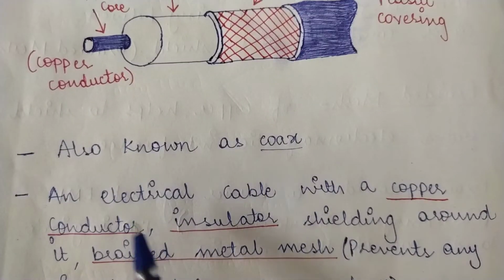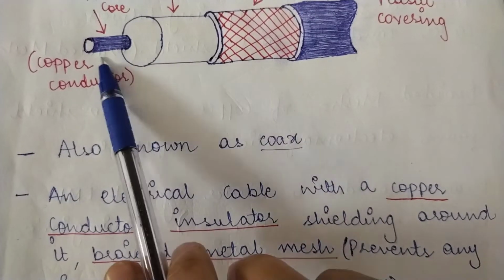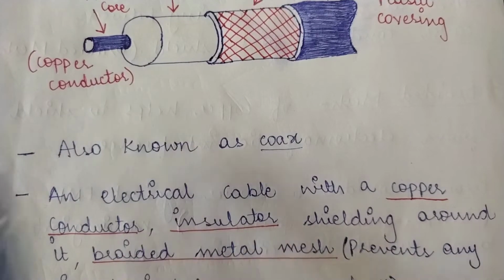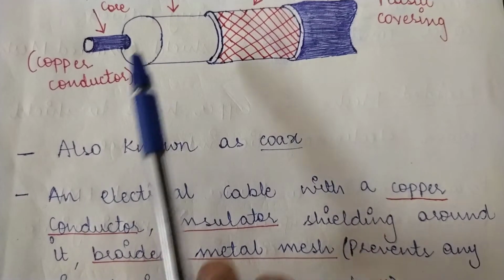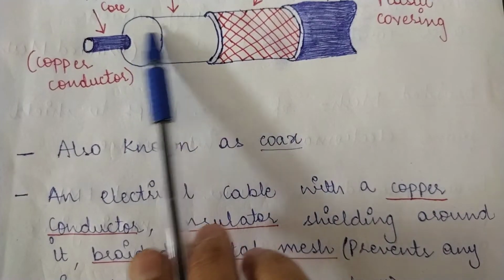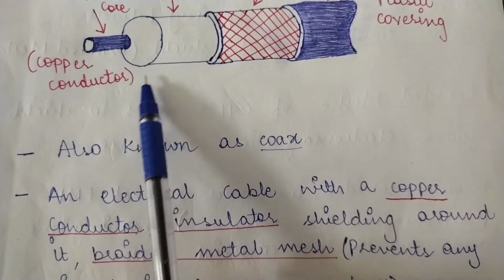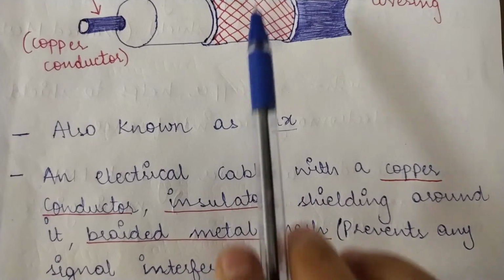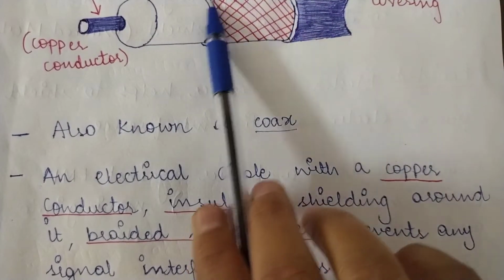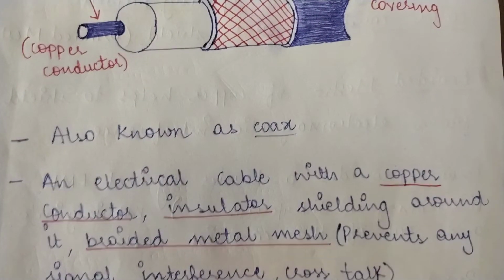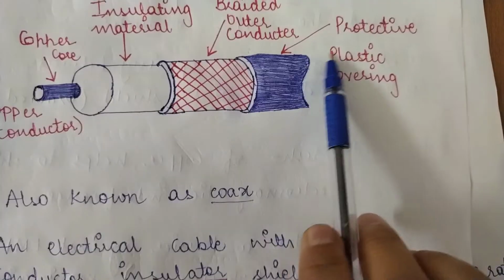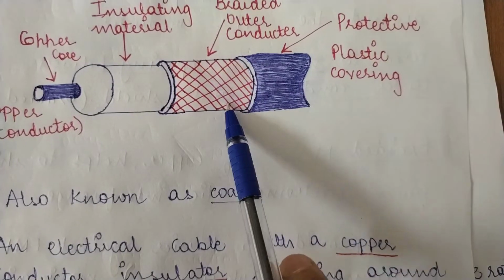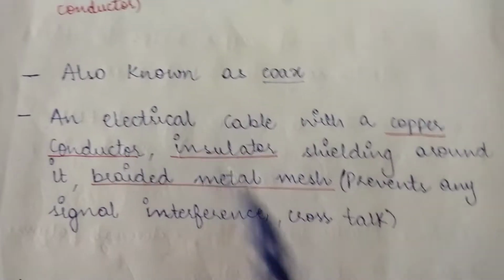So this is the copper conductor that we are talking about. Then an insulator shielding around it. This is the insulator which is shielding around the copper conductor. Then a braided metal mesh. This is the braided metal mesh we are talking about. And then obviously there is a protective plastic covering around the braided metal mesh also, right?